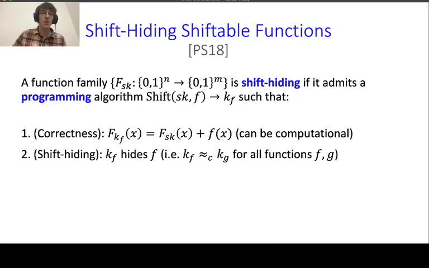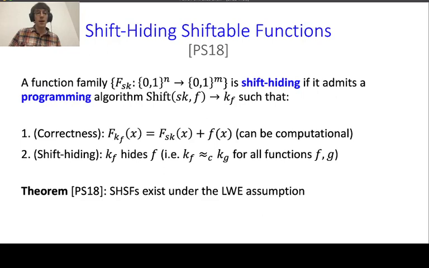the family should be shift hiding, which means that the shifted key k sub f should not tell you anything about what f is. So in the security game, you're just given a key, and the property says that for any two functions f and g, k sub f and k sub g are computationally indistinguishable. So this is the object. It's a pseudorandom function family with some sort of programmability property.